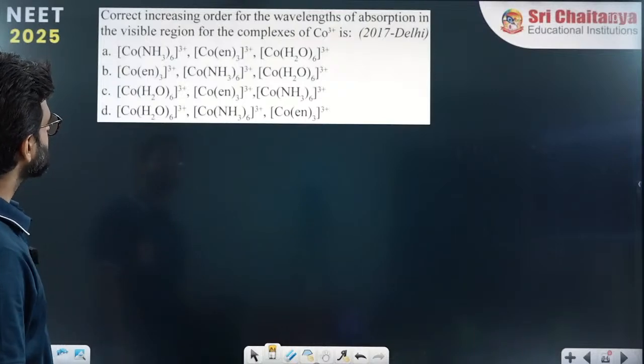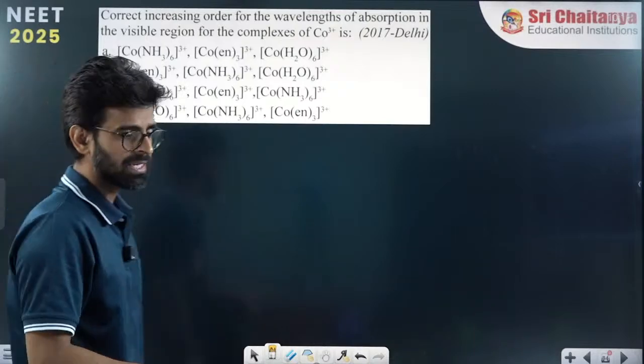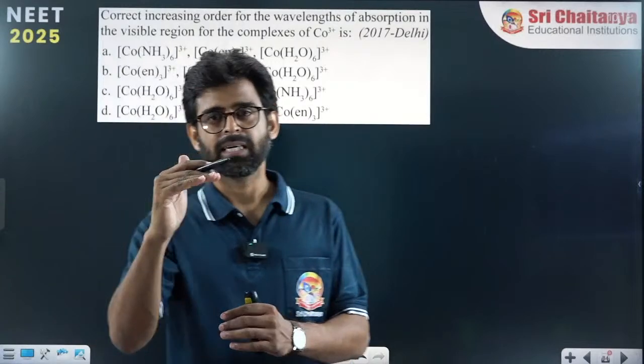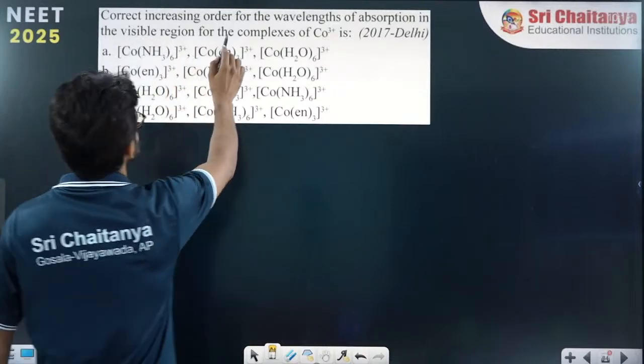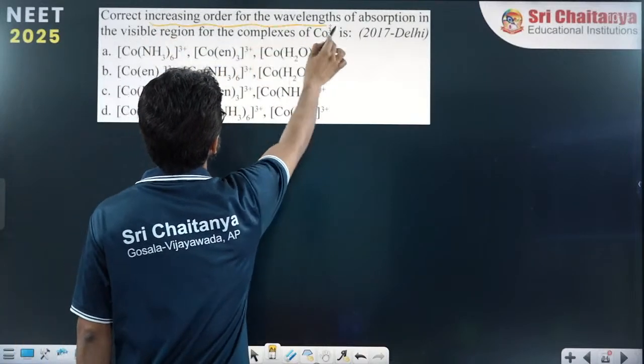The next thing is again the same question. As I explained, more splitting in the T2g and Eg, the electron has to absorb more energy to go from T2g to Eg. More energy means high frequency radiation and lower wavelength. In this case, they are asking increasing order of wavelength.